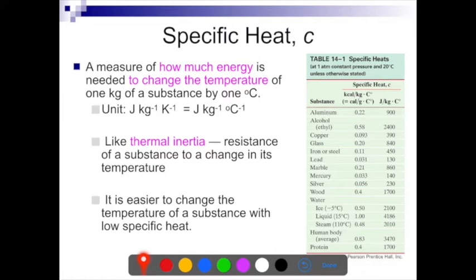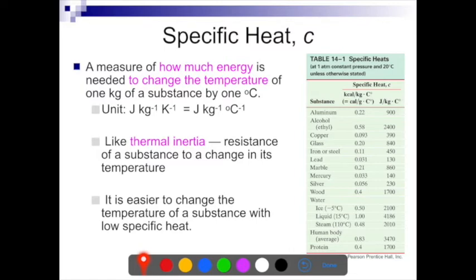So going back to the unit for delta T, change in temperature, the tip I would give you to determine whether you should use kelvins or degrees Celsius for the unit of change in temperature is to look at the unit of the specific heat capacity that is usually given or that you can usually look up in a table.